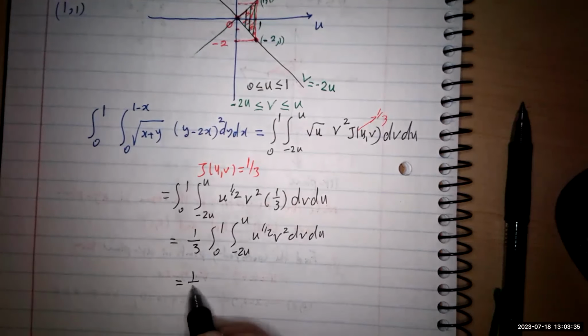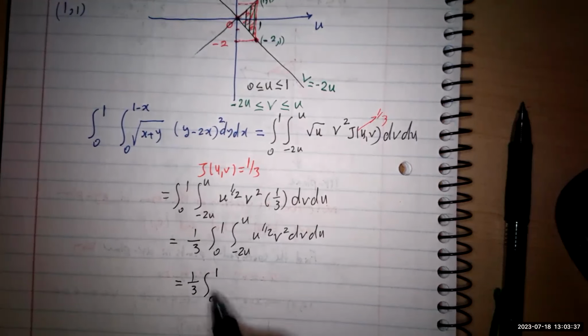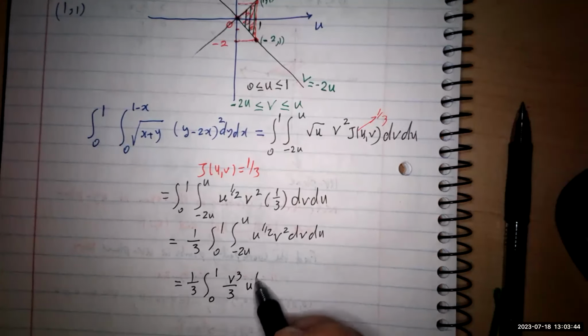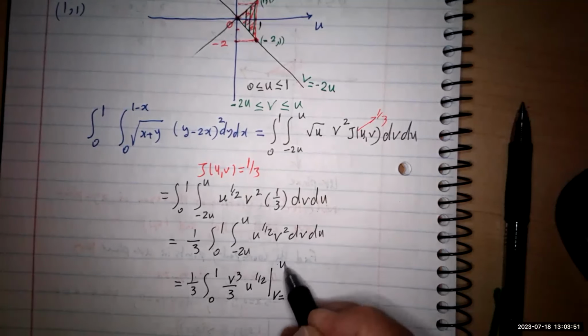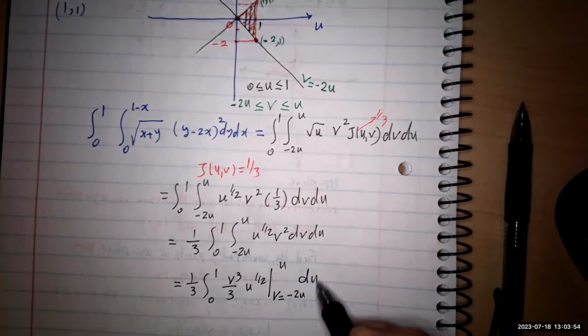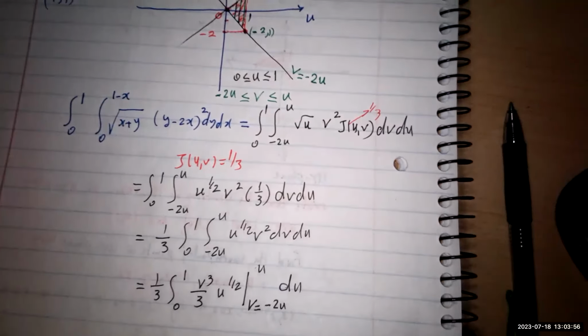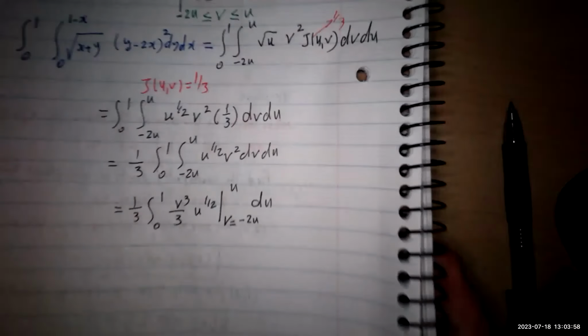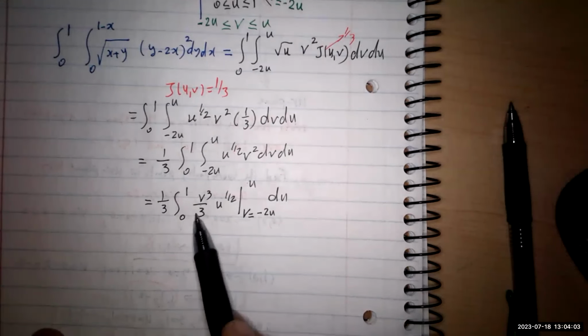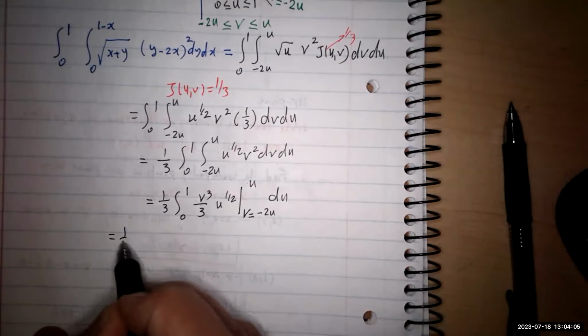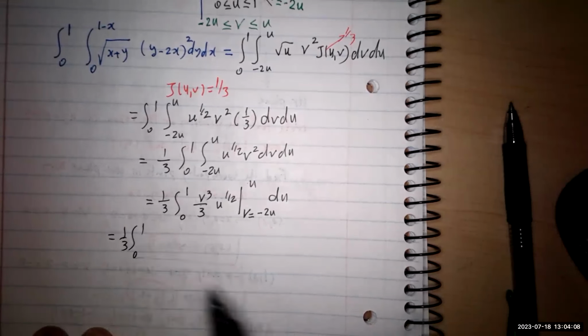So it's going to be 1/3 integral from 0 to 1, that gives a v cubed over 3, and there is a u to the 1/2, you keep it. You are going to go for v from -2u to u, and then when we're done, we come back with du. So substitute these numbers. We get a 1/3 integral from 0 to 1.